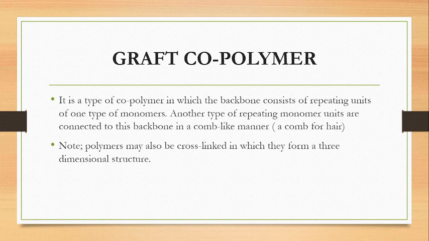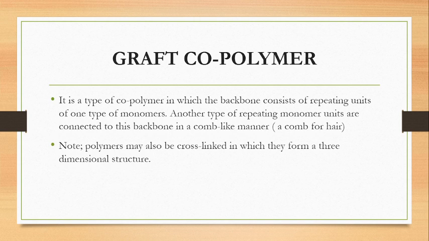It is a copolymer in which the backbone consists of repeating units of one type of monomer, and then another type of repeating monomer units is connected to this backbone in a comb-like manner. We know how a hair comb looks. There is a main thing, and from there some small structures branch off.